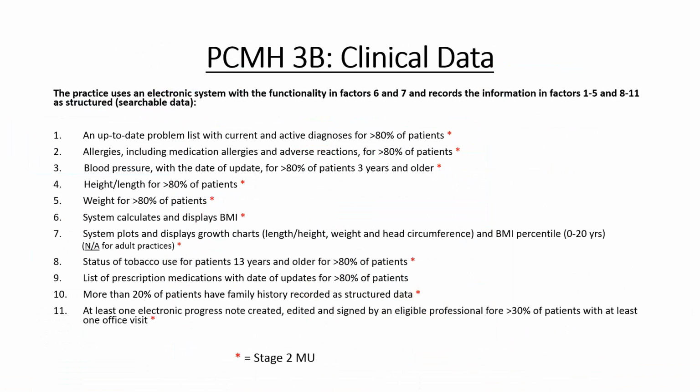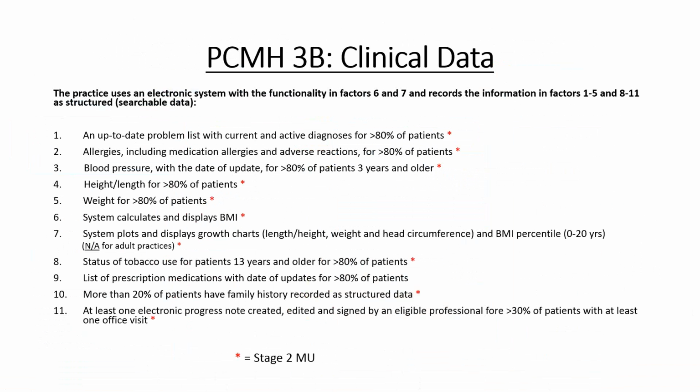Status of tobacco use, the list of prescription meds, and more than 20% of patients having family history recorded as structured data, and the final factor being at least 1 electronic progress note created, edited, and signed by an eligible professional for more than 30% of the patients.